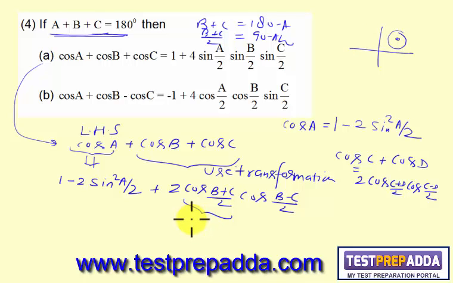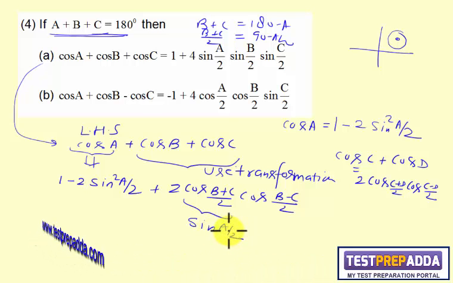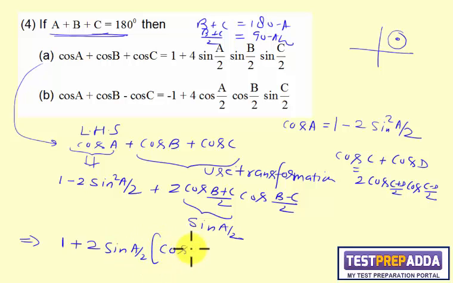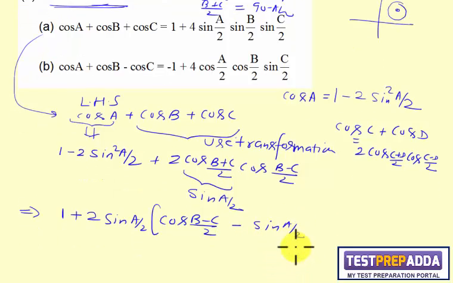And since it is 90 minus A by 2, 90 minus something, cos will be converted into sine. So 2 sin A by 2. Now you can take 2 sin A by 2 common. So it becomes 1 plus 2 sin A by 2, and in the bracket we will be having cos B minus C by 2 minus sin A by 2.